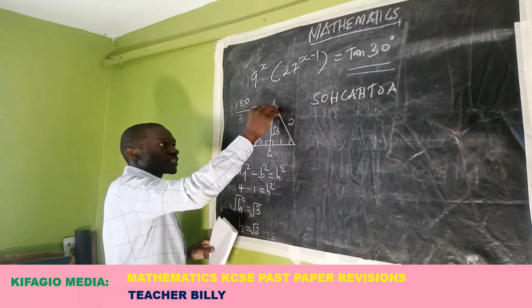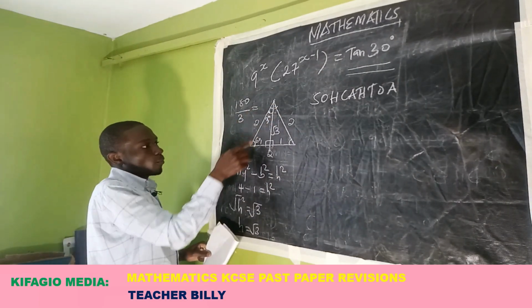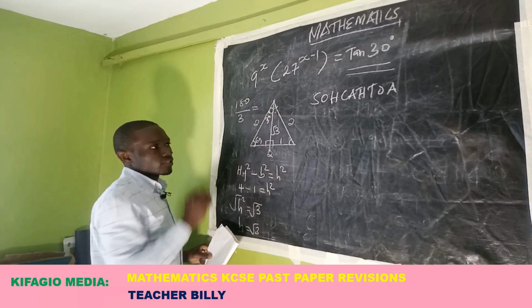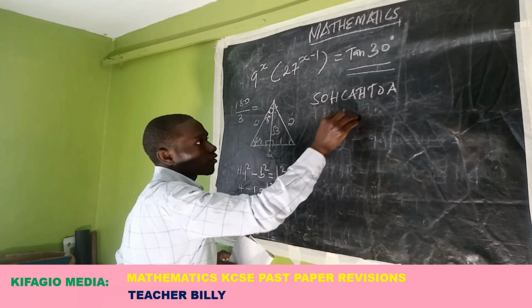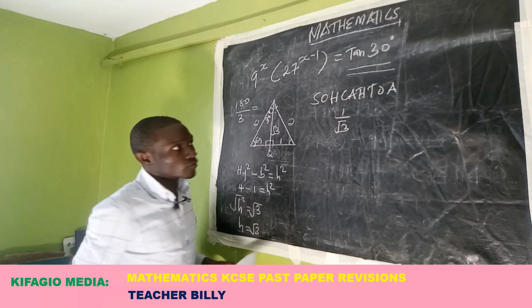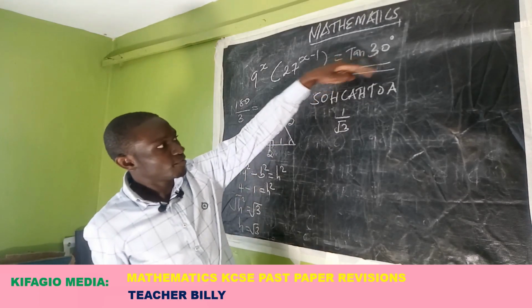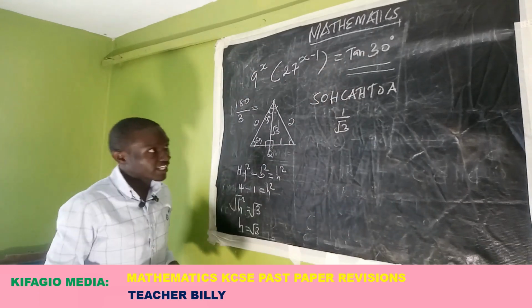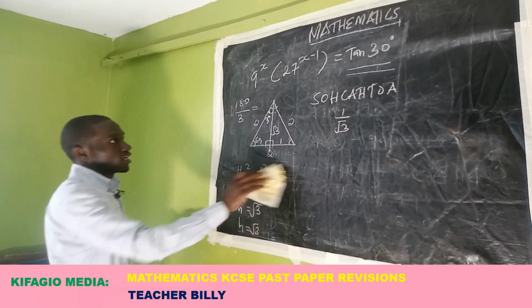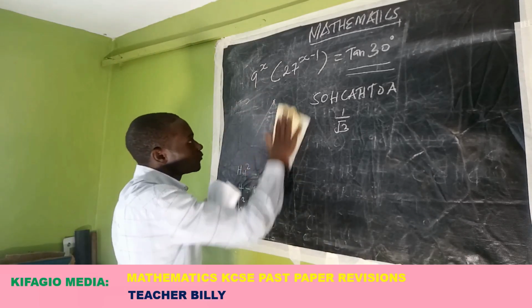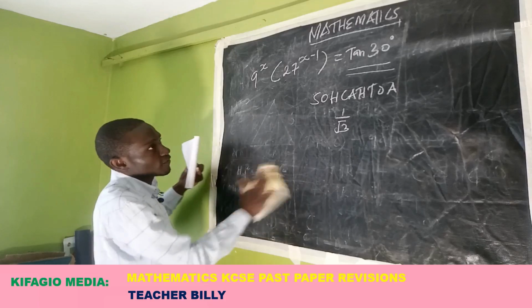So if I'm at this particular angle 30 degrees, my opposite is 1 and my adjacent is root 3. So I'm having 1 over root 3. So tan 30 is the same as saying 1 over root 3. And that is the first marking point. Then you can now write it well, because now we know the value of tan 30.